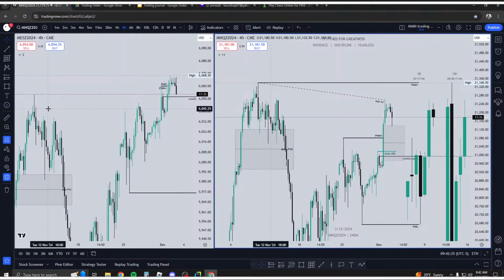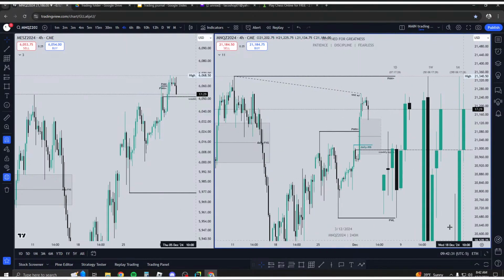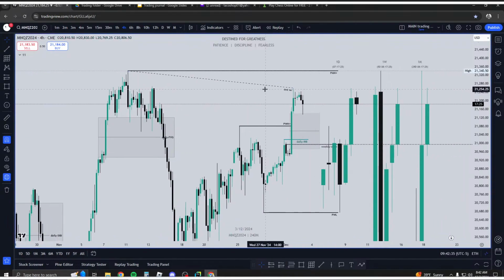Because ES has taken out its all-time highs and previous month's high, if we are to reverse, this would be a good time to reverse. But am I going to take a trade based on the idea that we're going to reverse? Not exactly. I would need more structure.